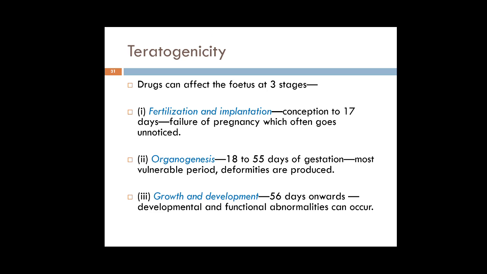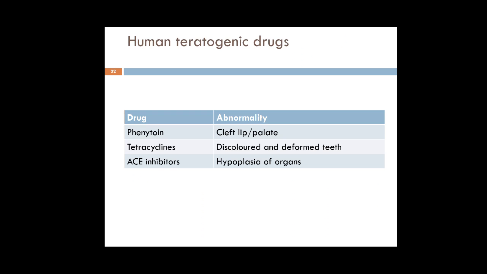The second phase is organogenesis, which occurs at days 18 to 55 of the gestation. It's the most vulnerable period, and deformities are produced particularly in this period. The third phase is growth and development, meaning 56 days onwards. So there will be developmental and functional abnormalities.